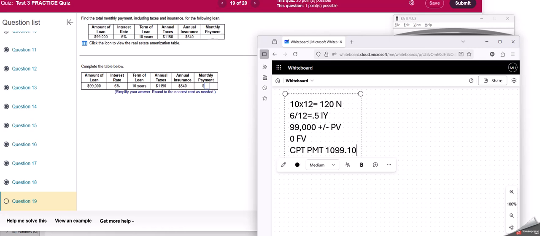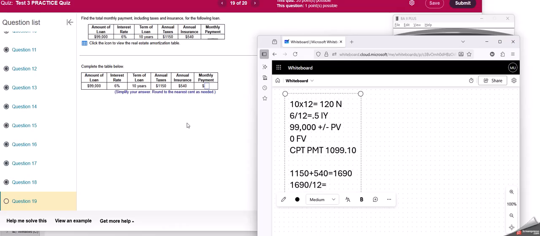Now that's not our total monthly payment though. That is just for the loan. We got to factor in escrow. So our annual taxes are $1,150. Our annual insurance is $540. So add those together. So that's 1,690. And then we're going to take the 1,690 and divide it by 12.